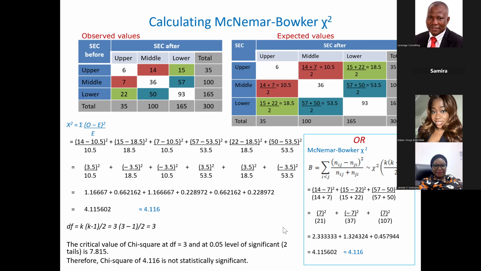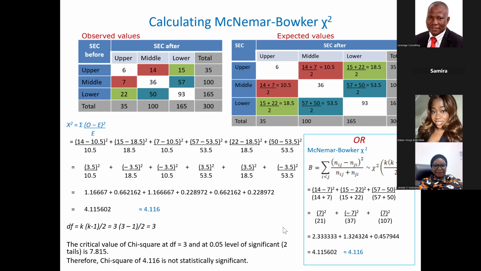In this situation, if you look at this question in the data, it's talking about the socioeconomic class of people before and immediately after the COVID-19 pandemic. There are 300 people.